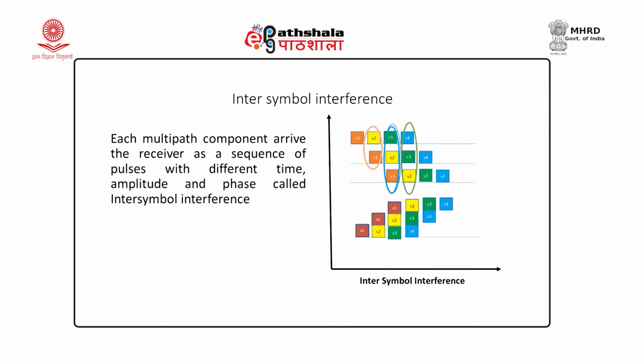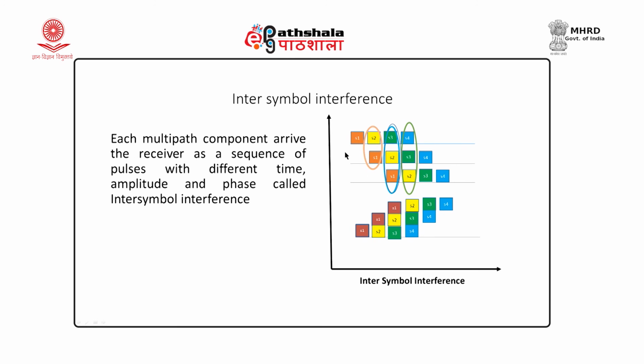The third phenomenon is intersymbol interference, which occurs when data is being sent. This is also an effect of multipath components and occurs due to delay. Just look at the diagram, you will understand the meaning. Four symbols have been sent, S1, S2, S3, S4. This is the first path. By the second path, the signal was a little bit delayed. So, when S2 along the first path was sent, S1 along the second path was sent.